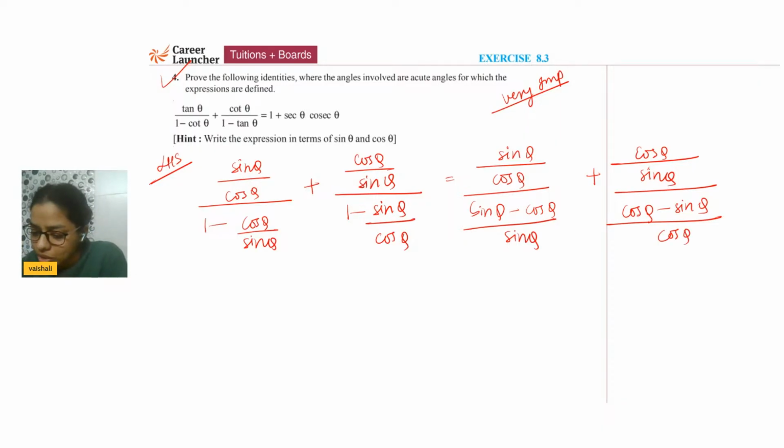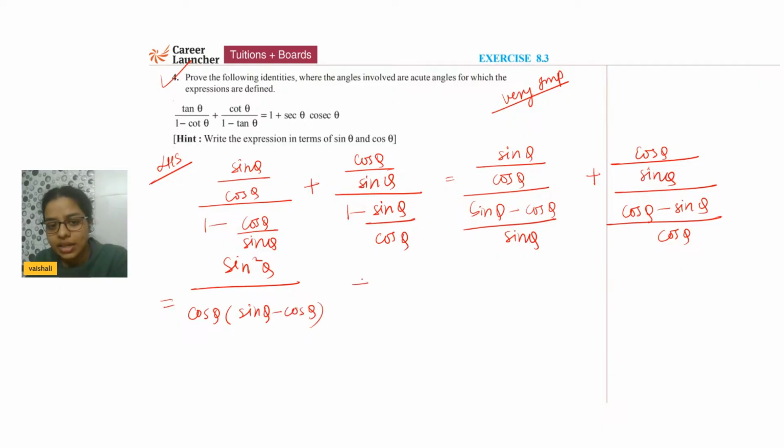So this is what your expression is looking like, and as a matter of fact, the denominator of the denominator goes into the numerator, and the same is true for all your functions. So sin into sin will become sin square theta divided by cos theta multiplied by (sin theta minus cos theta), and again the denominator of the denominator will go into the numerator, so cos into cos will become cos square and sin theta multiplied by (cos theta minus sin theta).